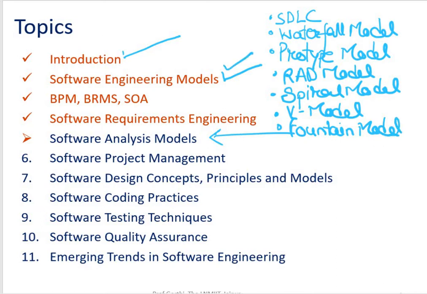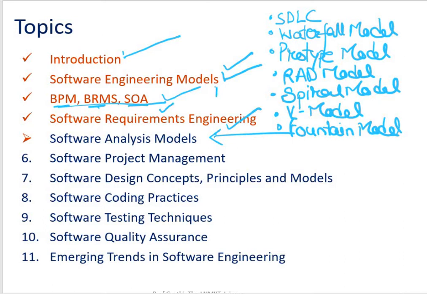After which we had a discussion on your BPM, BRMS and service oriented architecture. Recall your business process modeling video. And then we also talked about business rule management system and your service oriented architecture. We also talked about these things going hand in hand, and then we talked about the software requirements engineering where we looked into your requirements aspect.